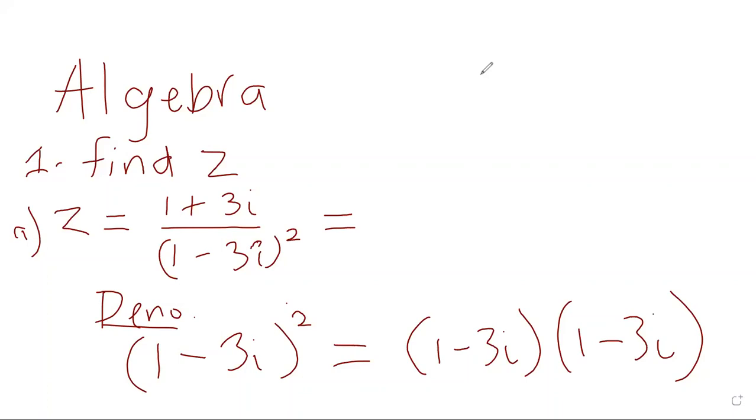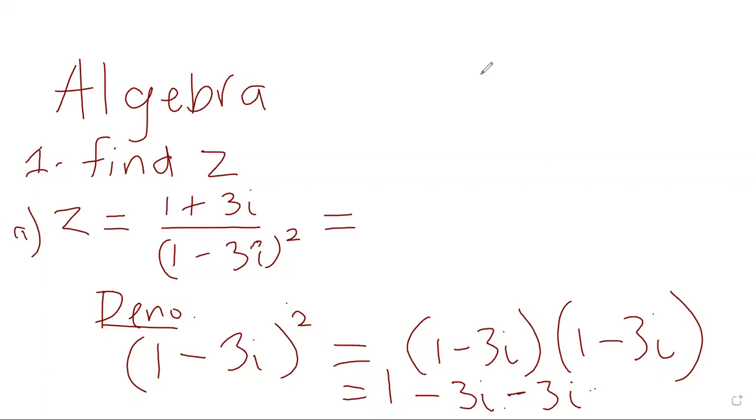We have 1 multiplying 1 giving us 1. We have 1 multiplying minus 3i giving us minus 3i. We have minus 3i multiplying 1, that will give us minus 3i again. And then we have minus 3i multiplying minus 3i.